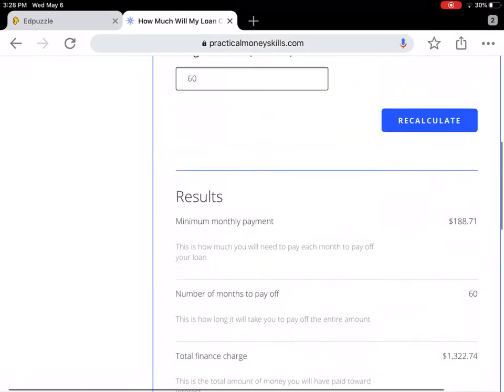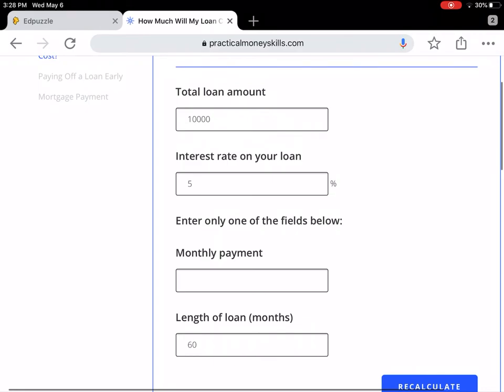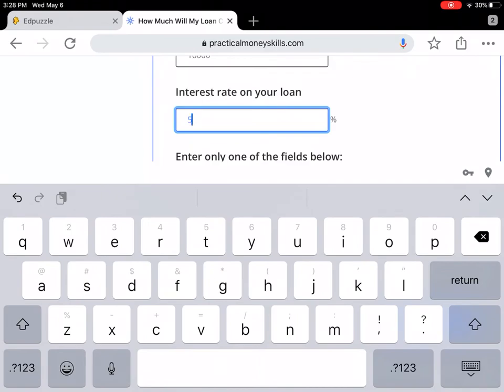So the lower the interest rate you can get, the less you'll pay over time, and it really does matter. Even if we did like 4.5, helps if I use numbers.